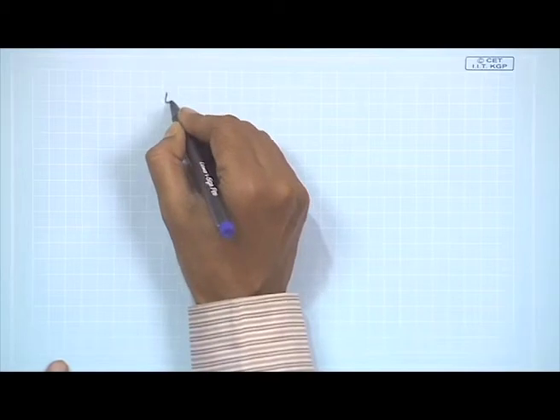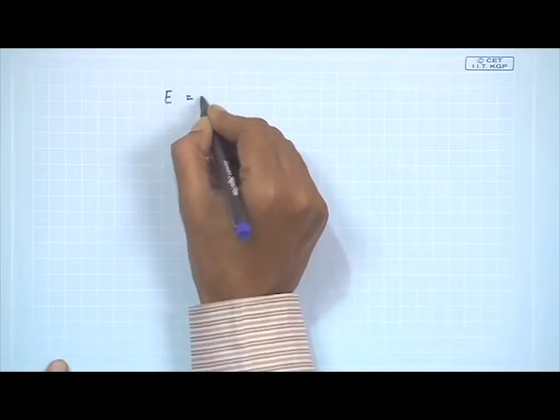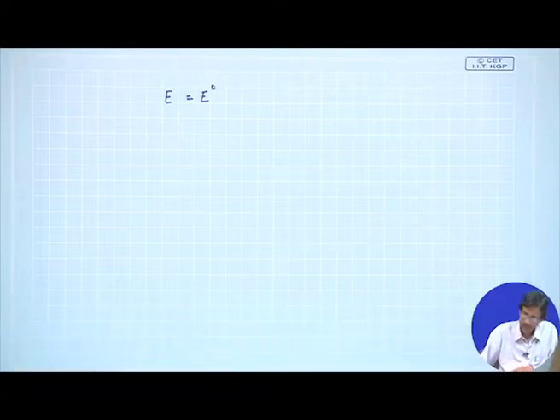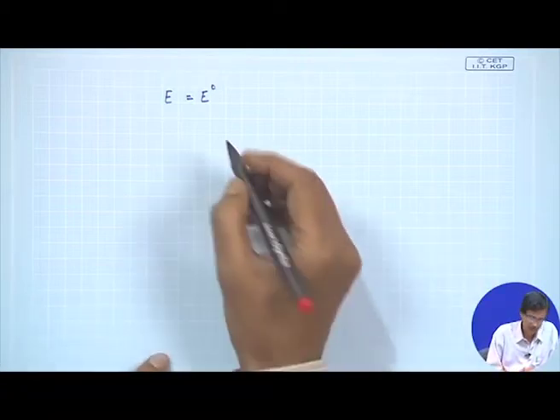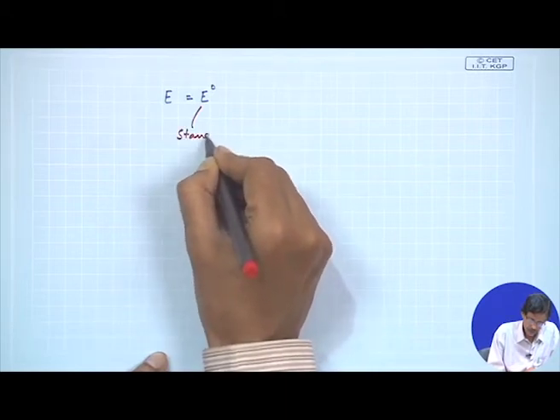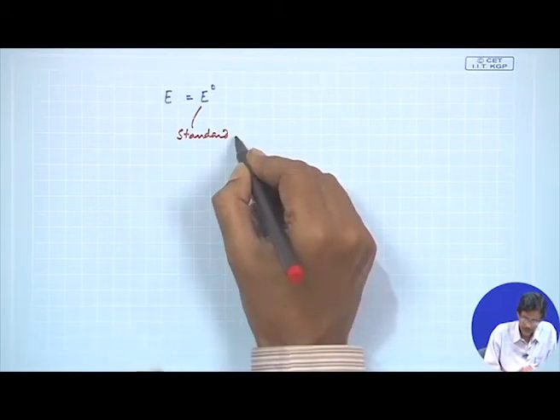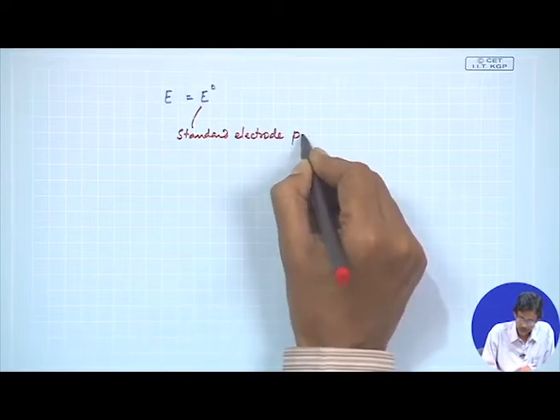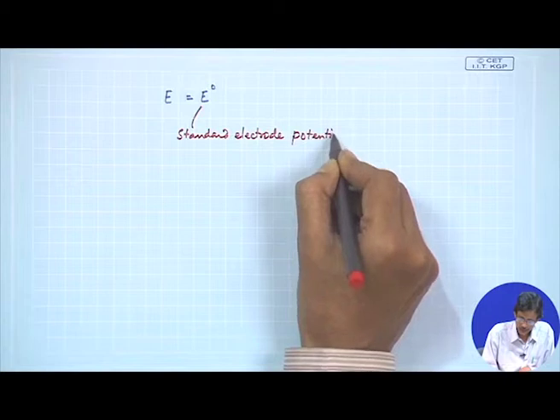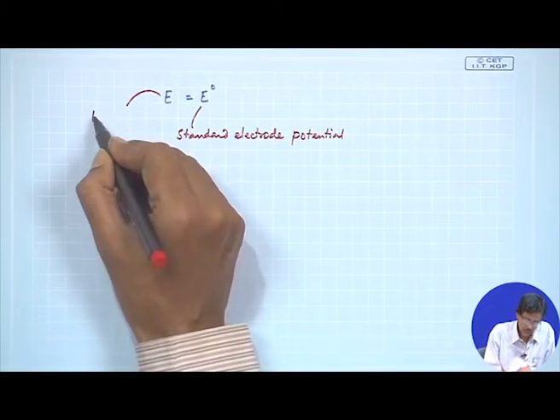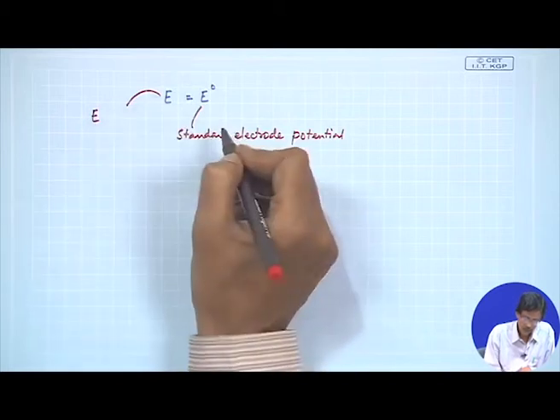So, that is the relationship between E and E0, where E0 is the standard electrode potential, and E is basically the electrode potential of the electrode that we are forming.